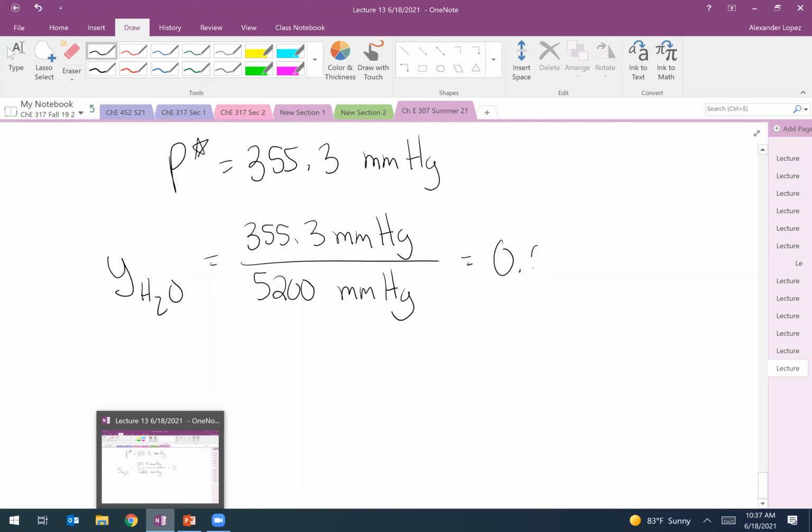Which is 0.068 or 6.8 mole percent, which, remember, is the same as volume percent. So I went from 10 volume percent down to 6.8.